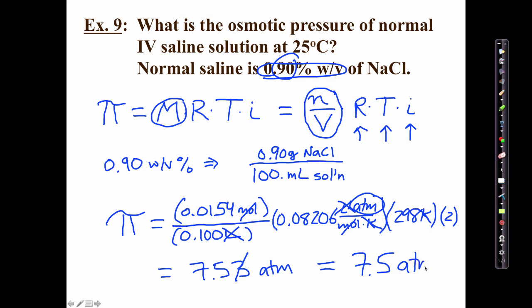So osmotic pressure of a 0.90 weight to volume percent normal saline solution is 7.5 atmospheres.